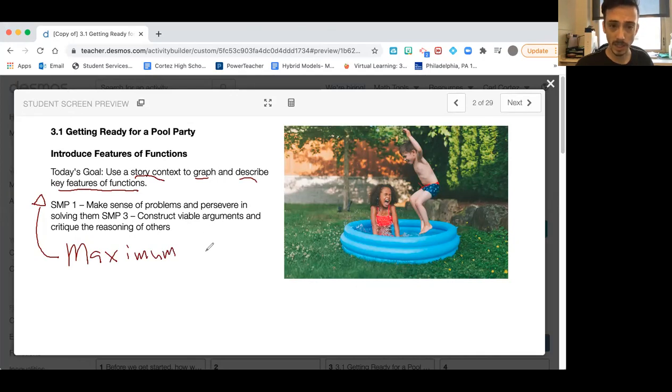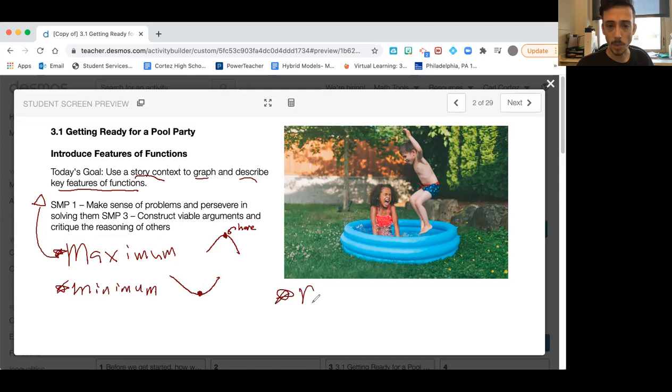So out of this graph here, the maximum's this point right here, because it's the highest point. You could also talk about the minimum, where if there was a hill like this that then went back up, this would be your minimum, the lowest point. So you could reference those two things.